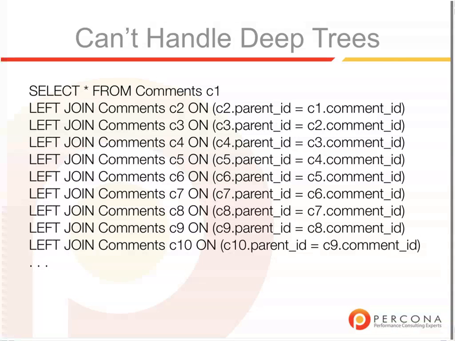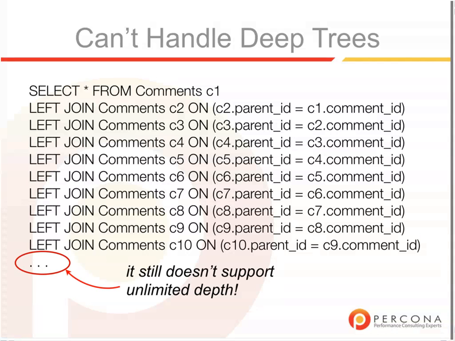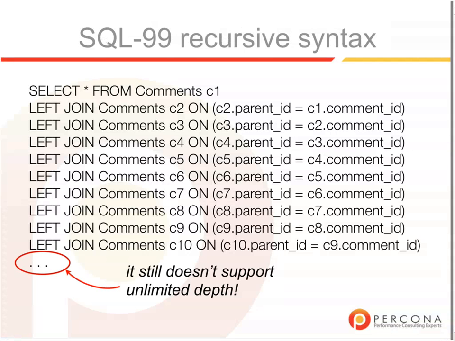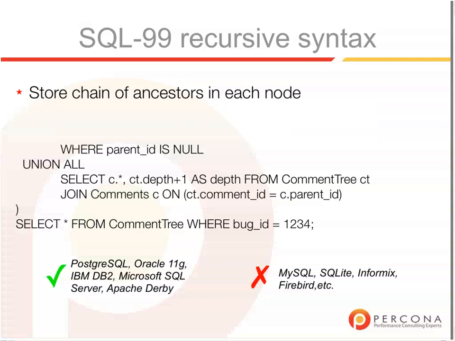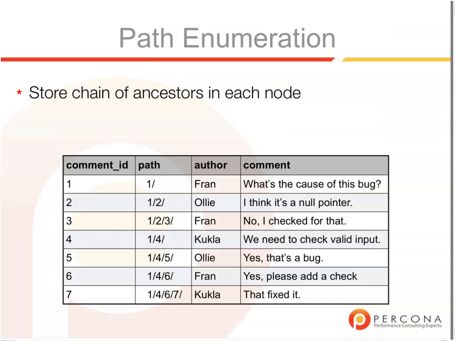So what do we do? If you're using MySQL, there are a few other solutions that you can use. The first I'll cover briefly is path enumeration. In path enumeration, you could store a varchar or a string, I'm calling it path in this example, that is simply a concatenation of the chain of ancestors, the parents, the grandparents, and all the way back up to the root of the tree, with some delimiter in between them.